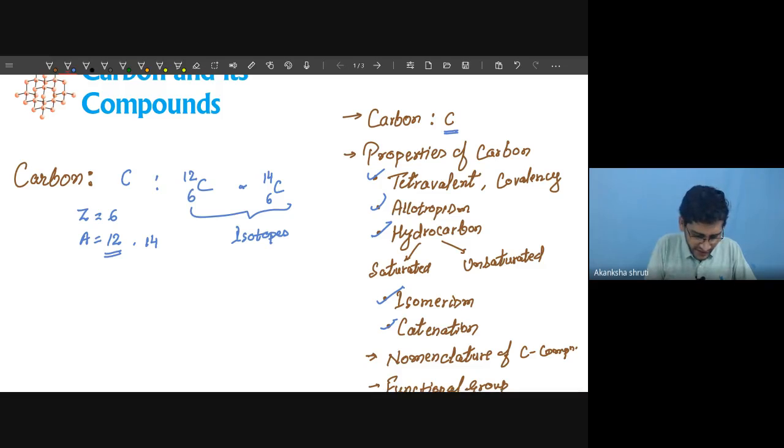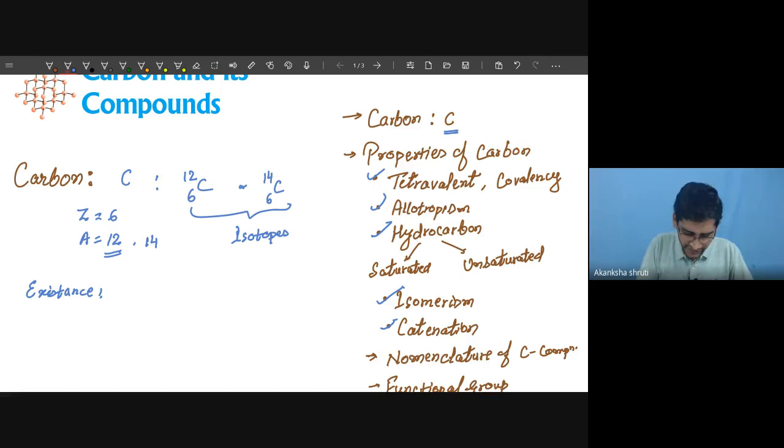How are they existing? Their existence. So this carbon can exist in many forms. They may exist in the form of element or atoms as well as in the form of the compound. So in both forms this carbon is existing.